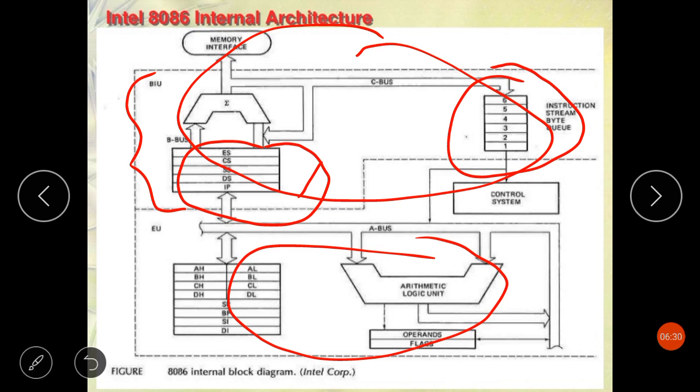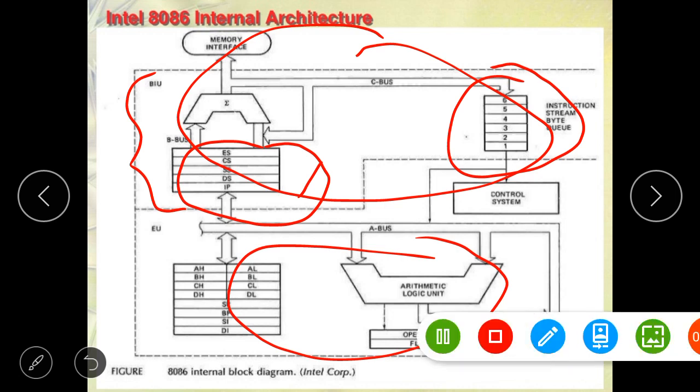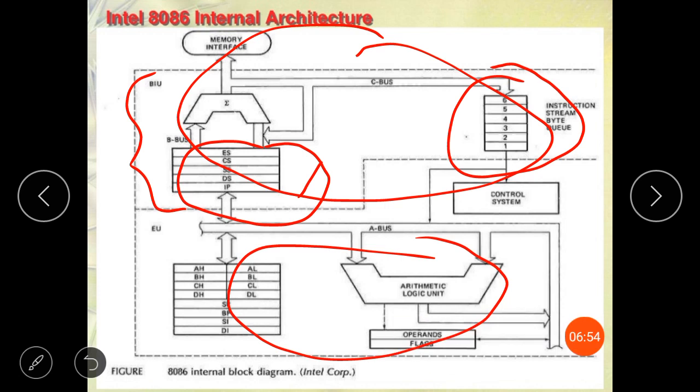What are the functions of the bus interface unit? It sends the address of the memory or input output, it fetches instructions from memory, it reads data from memory or port, it writes data into port or memory, it supports instruction queuing, and it provides the address relocation facility.